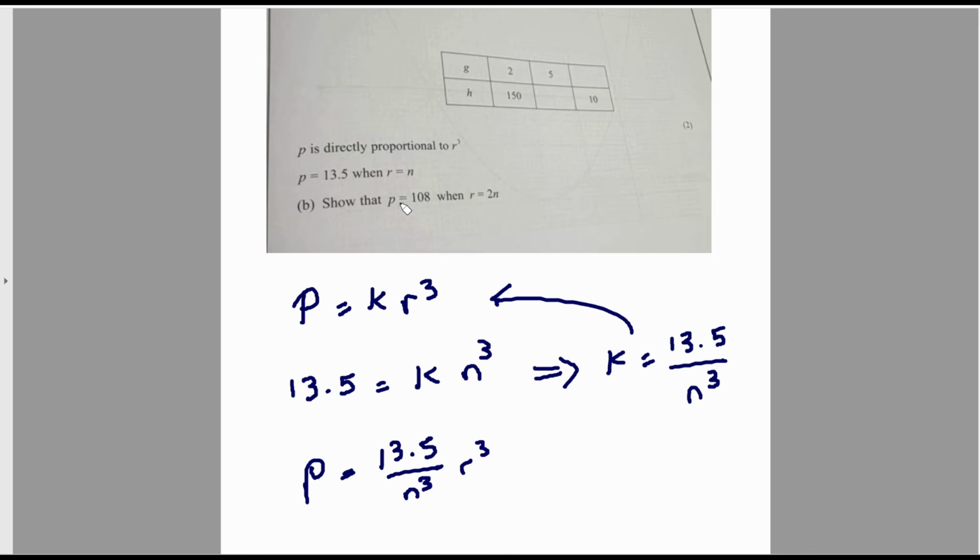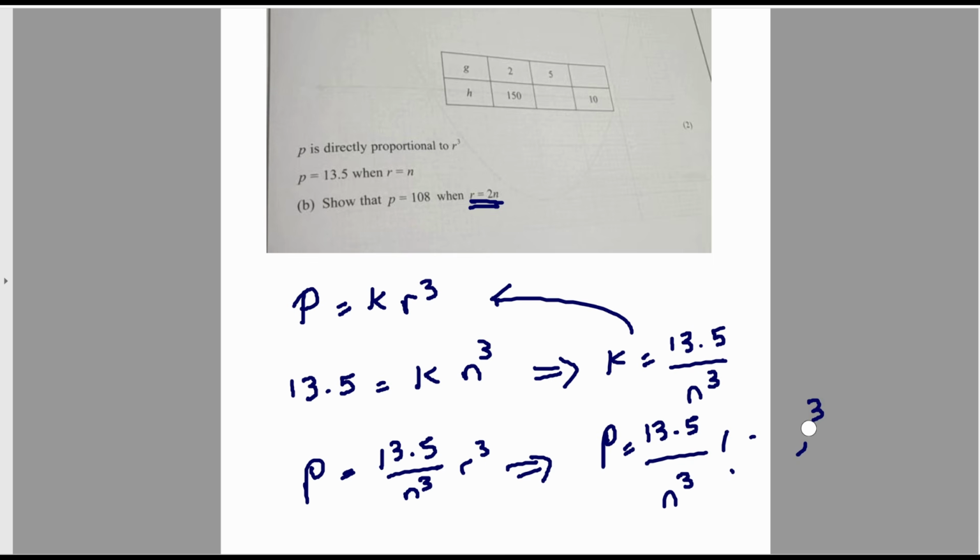Then he shows that P is 108 when R is that. So you need to sub this one. So I need to replace R with 2N. When you sub it here, what do you get? You get P equal 13.5 over N cube, and bracket, we replace R with 2N, and that's cube. 2N cube, that's actually 8N cube.